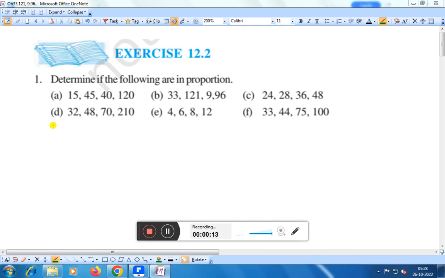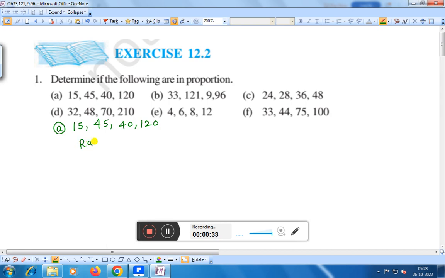Let us check. The numbers are 15, 45, 40, 120. Ratio of 15 to 45 is equal to 15 by 45.